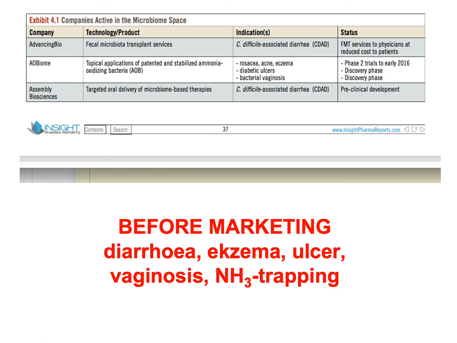We have, before marketing, bacterial products against diarrhea, eczema, ulcer, vaginosis, and for ammonia trapping in the colon.